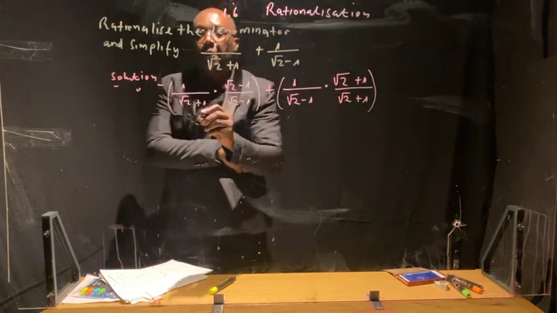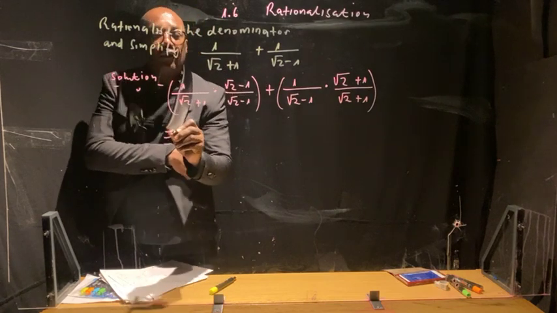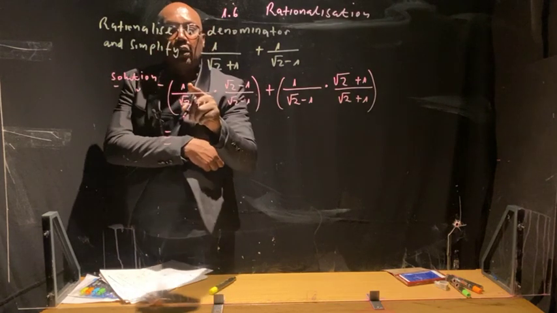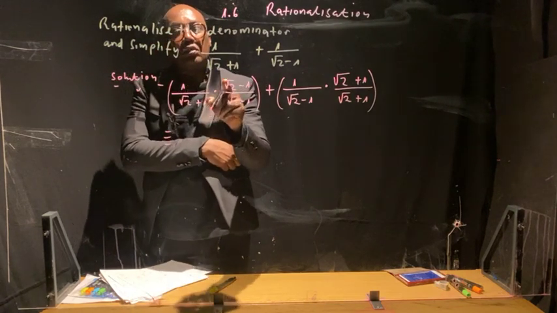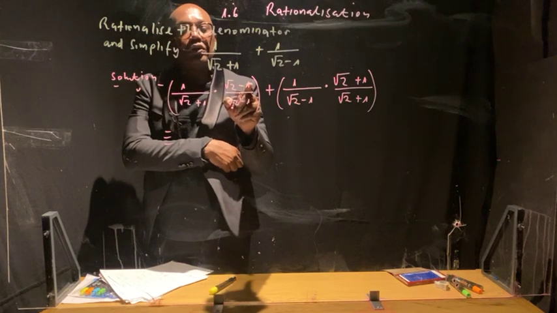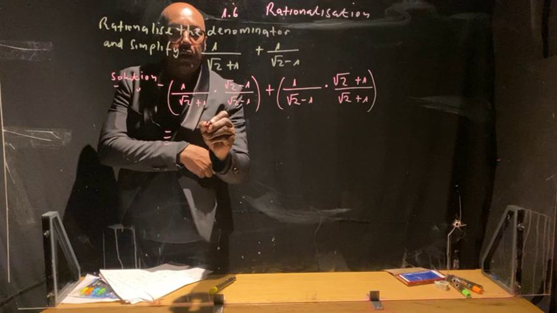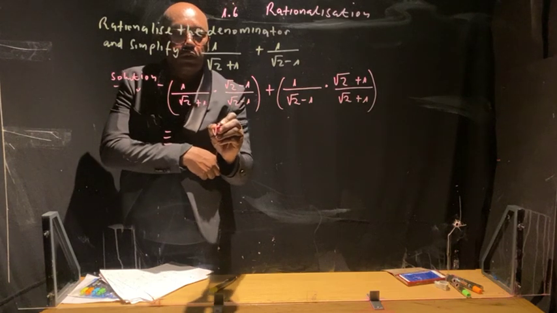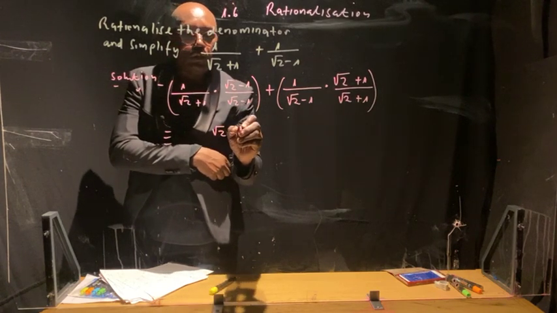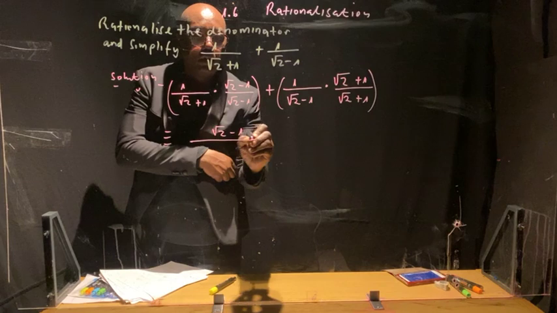Good. This is no different from 1 multiplied by root 2 minus 1, which is root 2 minus 1 as the numerator.